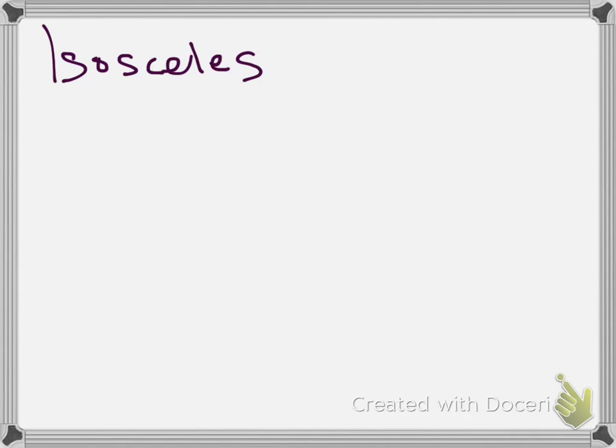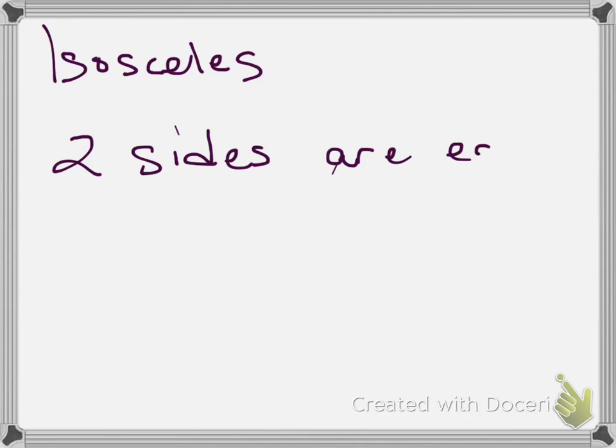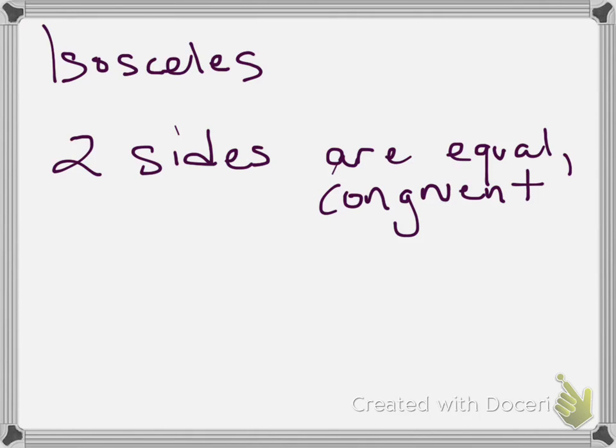In an isosceles triangle, two sides, and two sides only, are equal. Another word for this is congruent. While there's a few different ways to draw an isosceles, there are two really common ways.